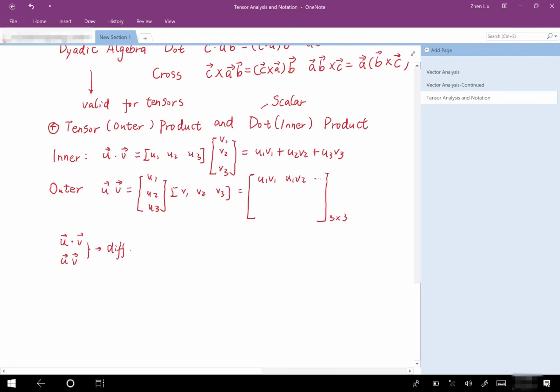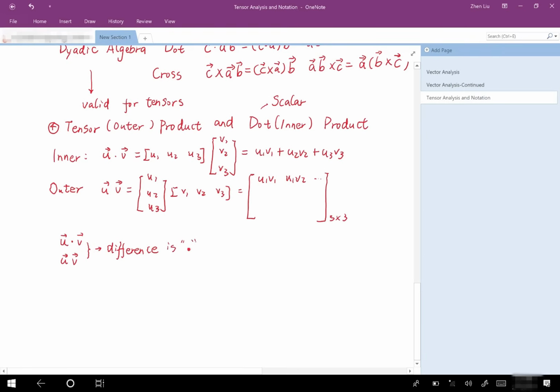So what is the difference intuitively? What's the difference between this symbol and this set of symbols? The dot, right? That's the difference. So this is another way to understand it. The difference is this dot sign.